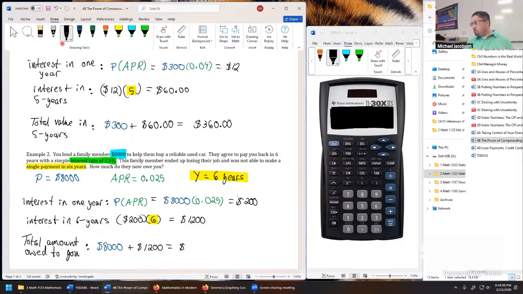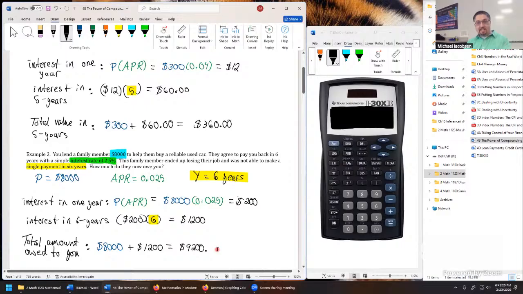And so now it's climbed up to $9,200. Not too terribly extreme. The interest rate was low, but the bigger deal also is, even though it was 6 years, it was simple interest. So even after the first $200 was added on in the first year, no interest at 2.5% APR was ever paid on the first 200 or the next subsequent ones as well. So that's the total amount.